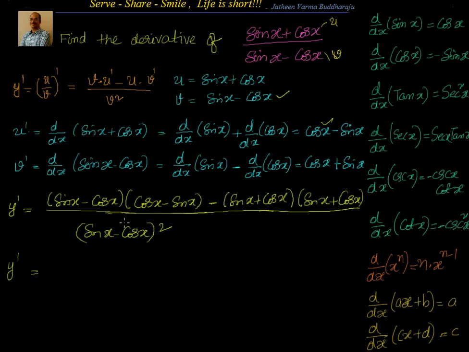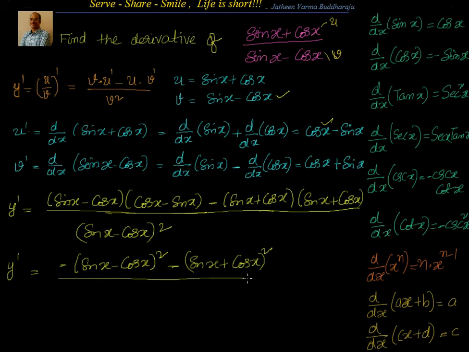I will write this as minus of sin x minus cos x whole square, because cos x minus sin x is minus of sin x minus cos x, minus of sin x plus cos x whole square, divided by sin x minus cos x whole square.